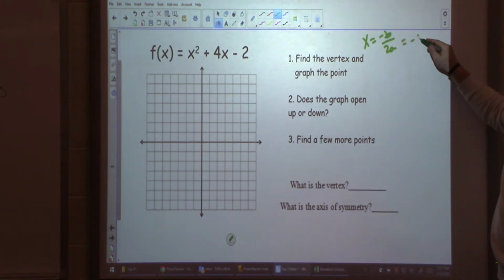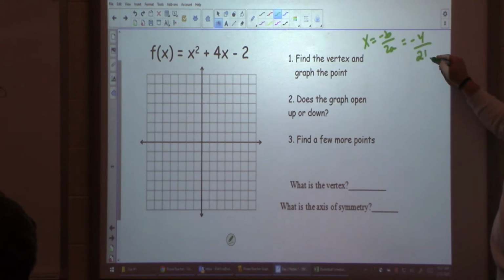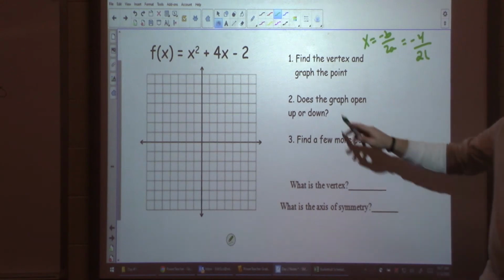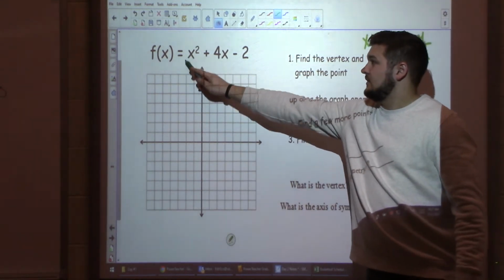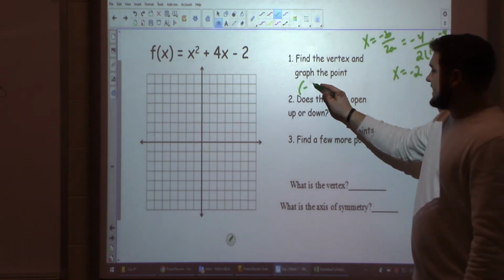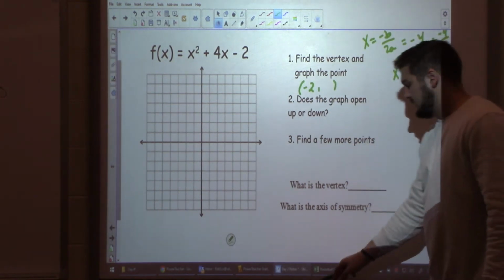So I'm putting negative 4 over 2 times, what's my a value? What's the number in front of x squared? 1. So I get negative 4 over 2. So x is negative 4 divided by 2, which gives me negative 2. So in my vertex, I have negative 2, comma, blank.